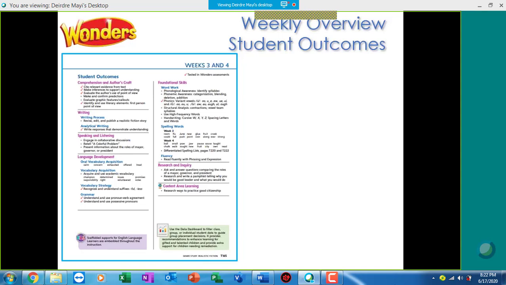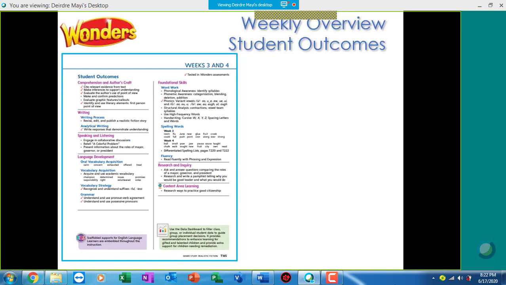When you arrive at your weeks of instruction, you're going to notice that we want to prepare you and let you know what the outcomes are that you should expect. So on the student outcomes page, we will list outcomes for the skills that students are learning, outcomes for writing, for speaking and listening, for language development.